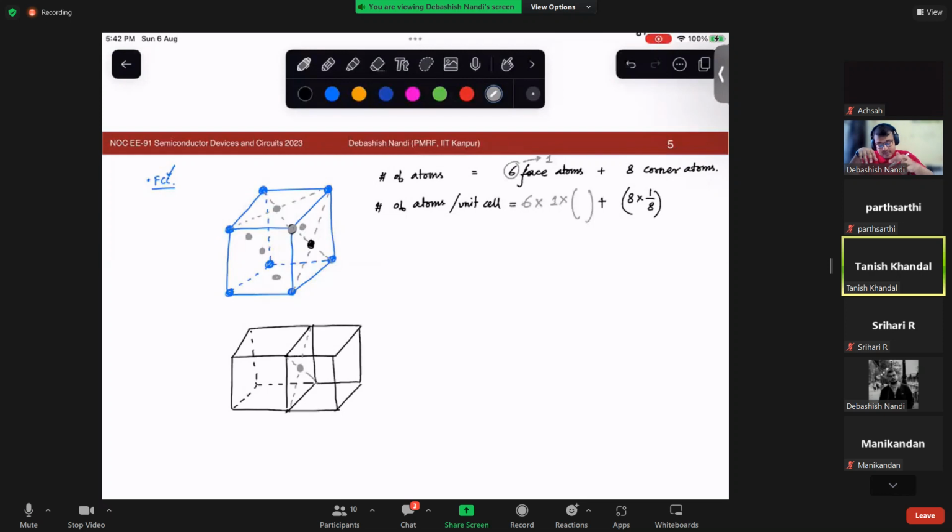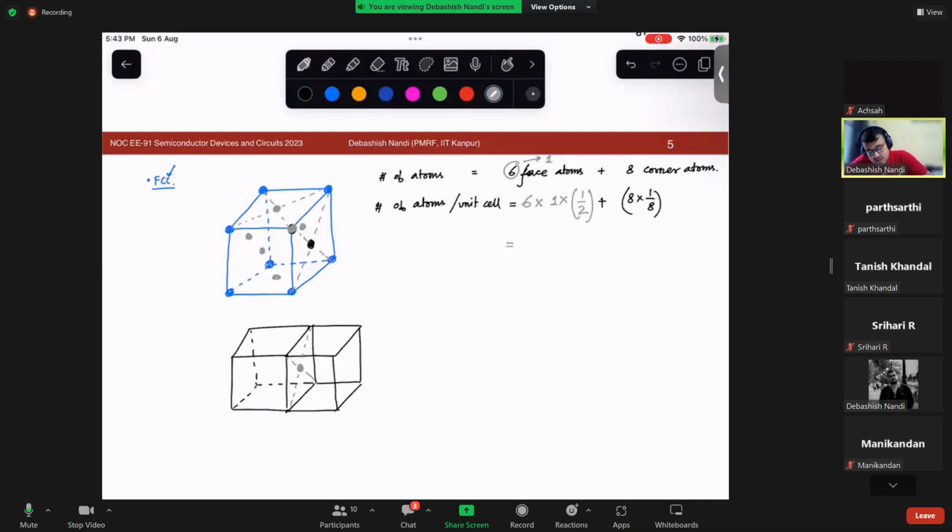Similarly, a face is shared between how many unit cells? 2 cubes. One face is shared between 2 cubes. So an atom sitting at the center of the face is being shared by 2 adjacent unit cells, so the share would be 2.